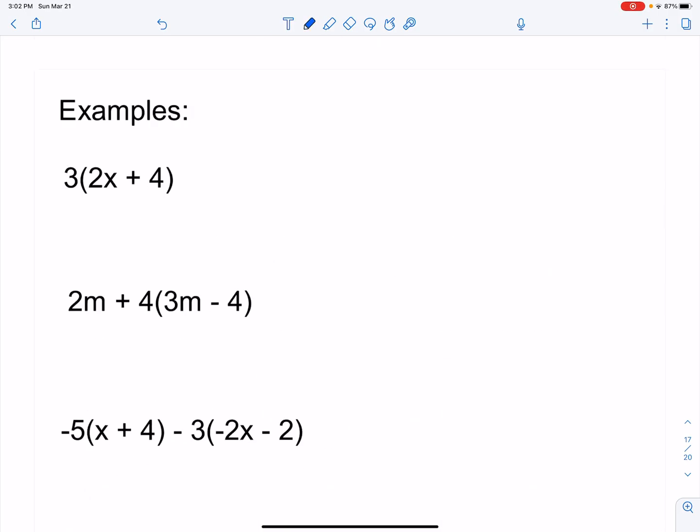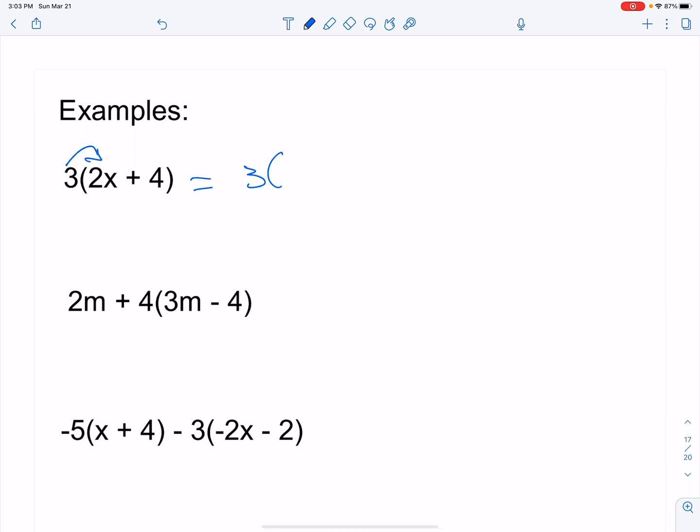Let's write this first example down. 3 parentheses, 2x plus 4. We're going to use this with the distributive property. What I'm going to do at first is show you what it kind of means. What it would really mean is I'm going to take this 3 and pass it out to the 2x.